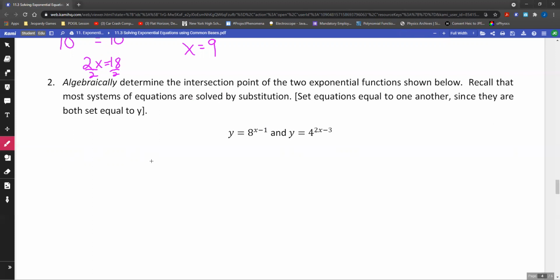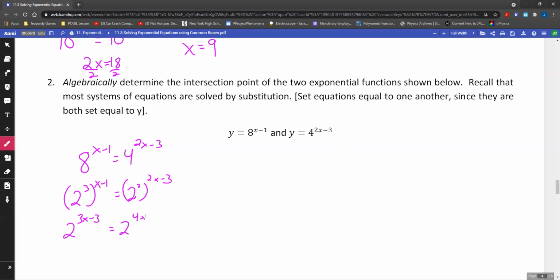So what we can say is, instead of having them separate, we're looking for the point where this number equals this number. I can rewrite this as 2 cubed, and this number is 2 squared. Fixing the exponents would be 3x minus 3, 4x minus 6.